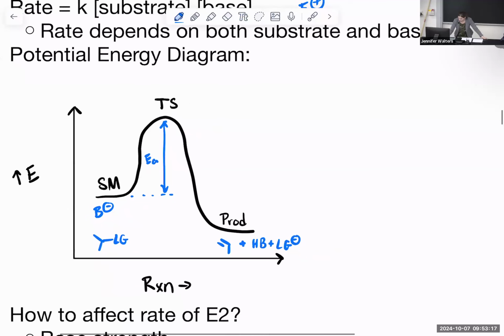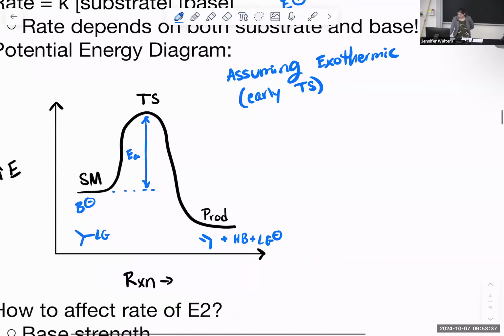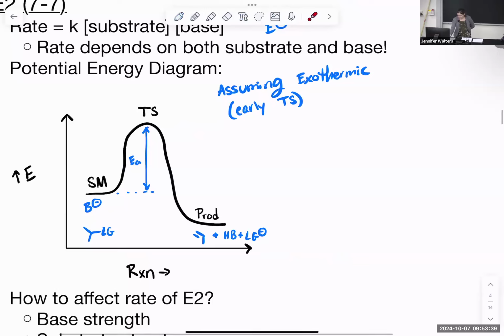So when we go to draw our transition state, assuming that it is exothermic, that means that we are assuming an early transition state because we are matching the one that is given. I can now draw my transition state.